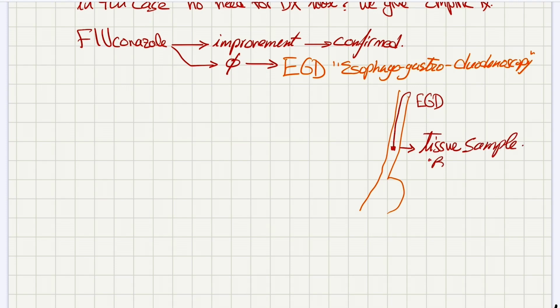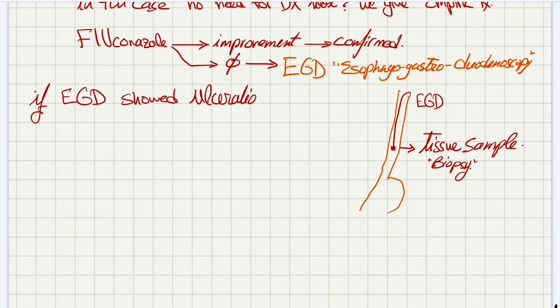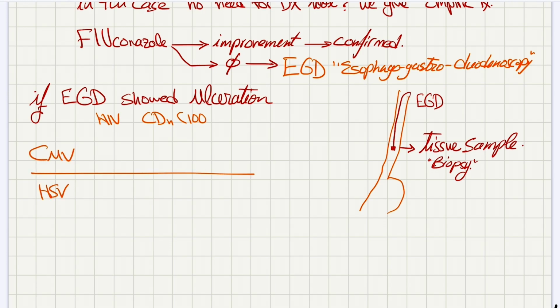Now, in cases of HIV with CD4 count less than 100 who did not respond to fluconazole, we have the viral causes of esophagitis. We should think of two viruses that can cause this: the cytomegalovirus and the HSV, herpes simplex virus. Let's remind ourselves, megalo means large, so the ulcerations are large, linear, and superficial in CMV.